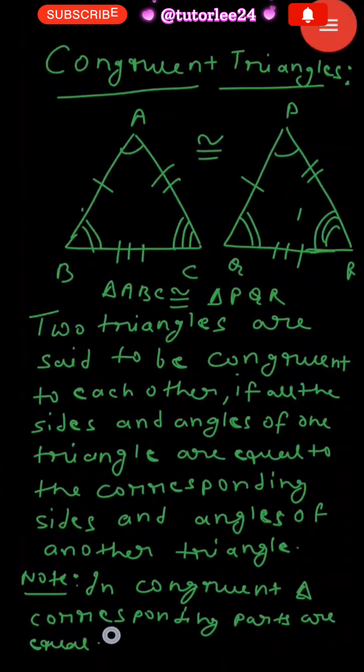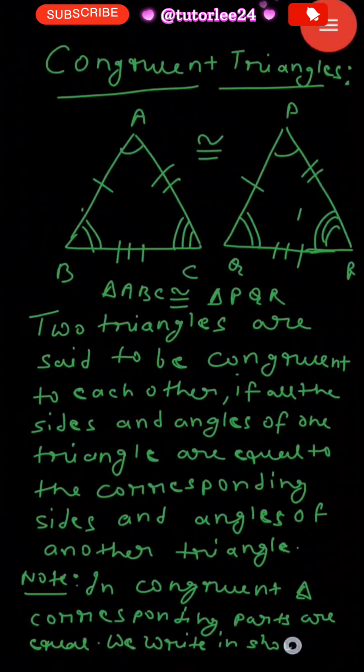We write in short CPCTC for corresponding parts of congruent triangles. So this is all about the basic concept of congruent triangles.